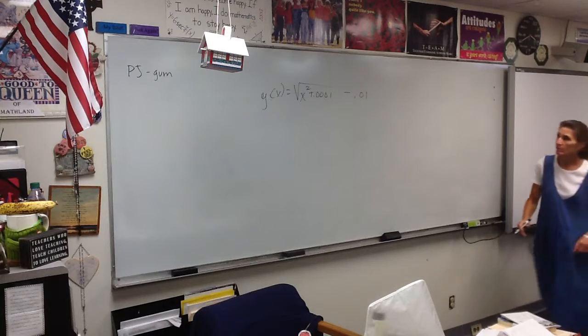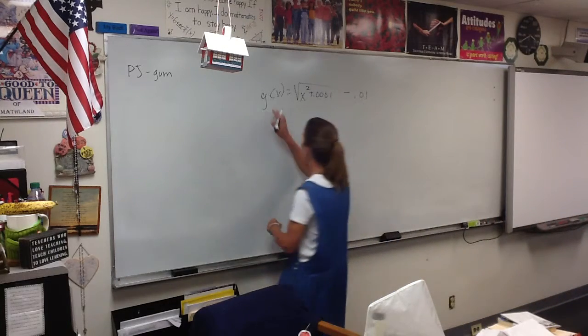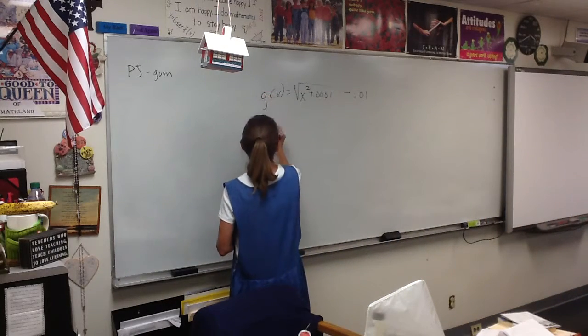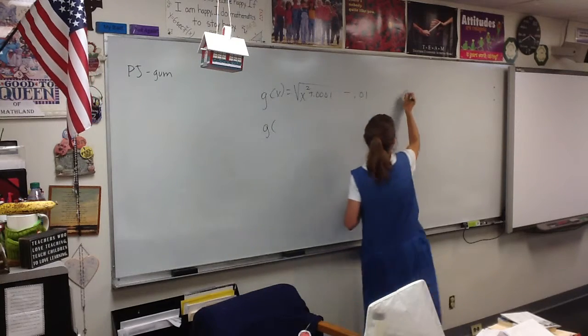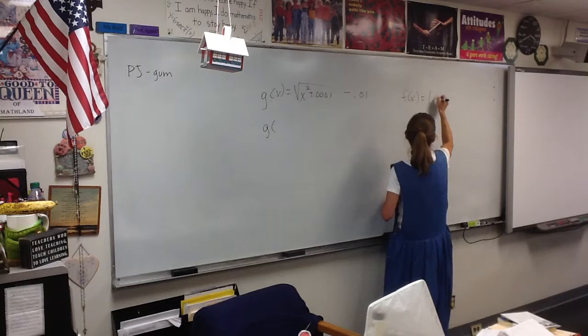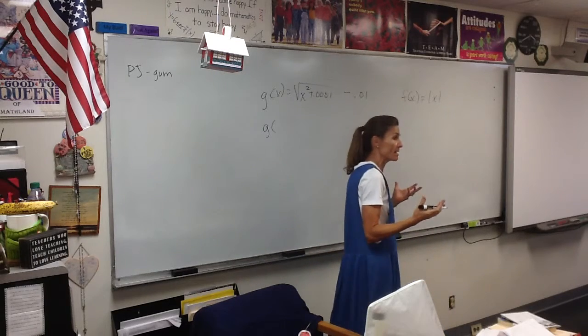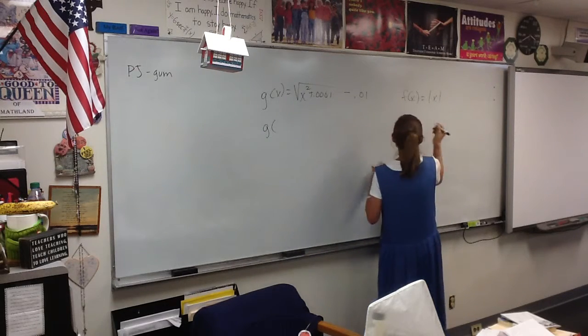I shrunk my window down and I was looking at some small values of x. We're comparing it to the absolute value function. We think it's very much like the absolute value function. So let's just put some numbers in.